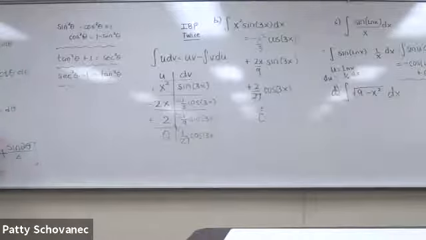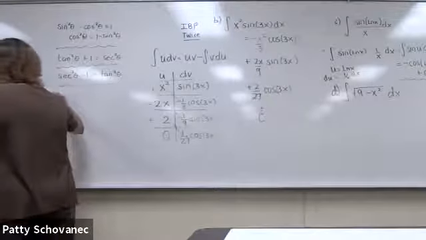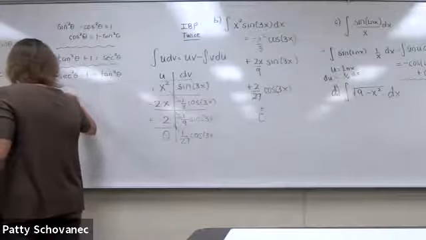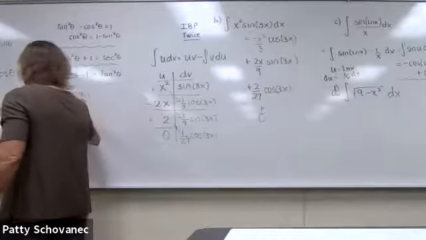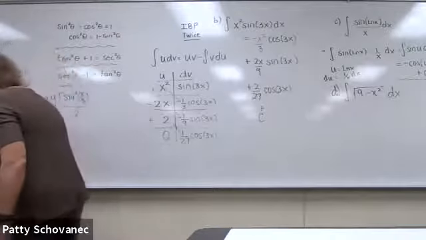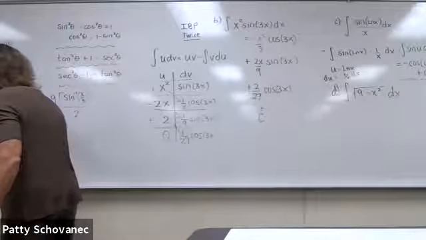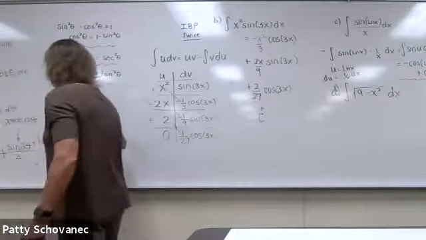If I write the sine of 2 theta as 2 sine theta cosine theta, I can put a substitution in there. This one we said was going to be the inverse sine of x over 3. I'm going to replace sine of 2 theta with 2 sine theta cosine theta. Cancel a 2 with a 4.